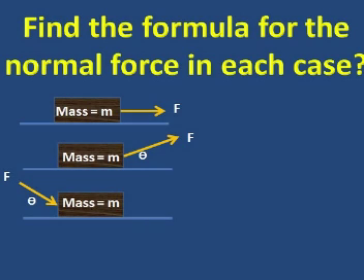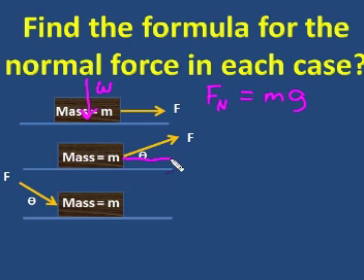Next, let's look at the formula for the normal force in each case. In the top one, all that's happening is the weight pushing down would be mg, and that weight would equal the normal force because the force pulling it is parallel to the ground.